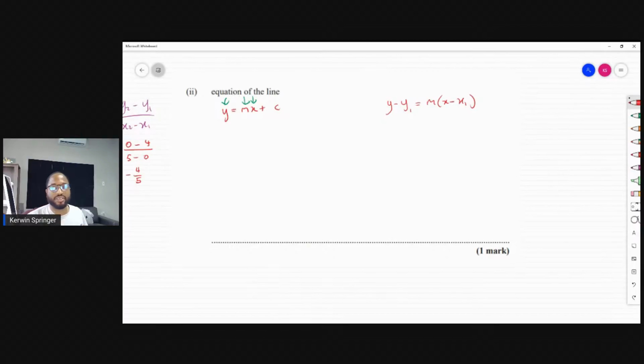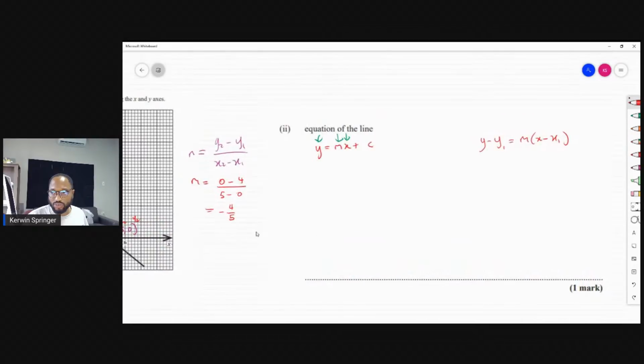A nice formula. You would be substituting one of the coordinates here and the gradient, and you just boil it down. So let's try both methods and we'll see what happens. Let's say I use the point 5, 0. So this is x1 and this is y1.